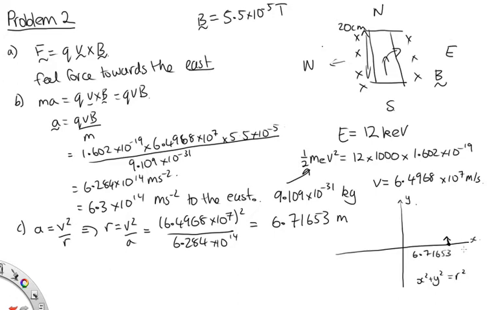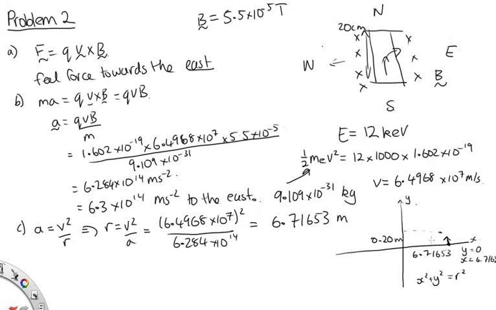So initially, we've got y equal to 0 and x equal to 6.71653. But it has moved up a distance to 0.20 meters because it's moved 20 centimeters in the south-north direction, the y direction, along the tube.